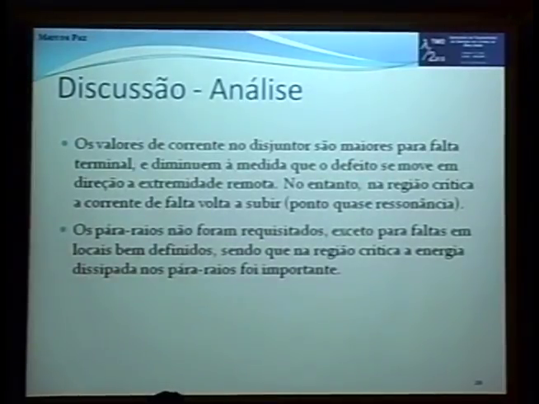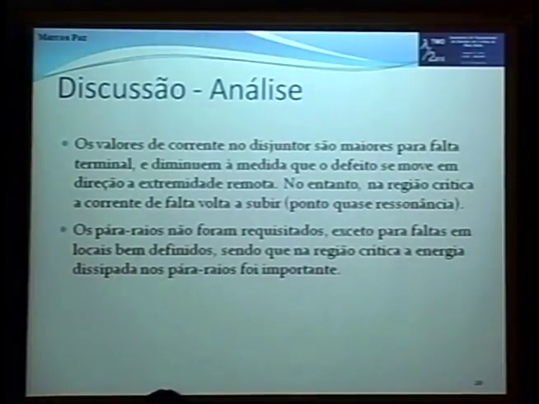The surge arresters, as we have seen, were not required, with the exception of the ones located in the critical points, which were very well defined. So for the faults located around Imperatriz, and for the faults located in the end of the line from Gurupi until the end of the line.